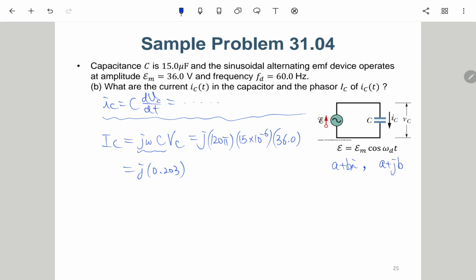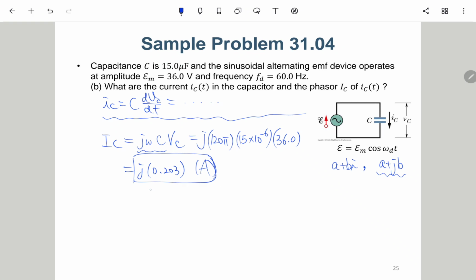You always put the j in front. I don't know why, but I'm used to it already. So I would like to write it like this, and the SI unit is A. This phasor of the current is a complex number.